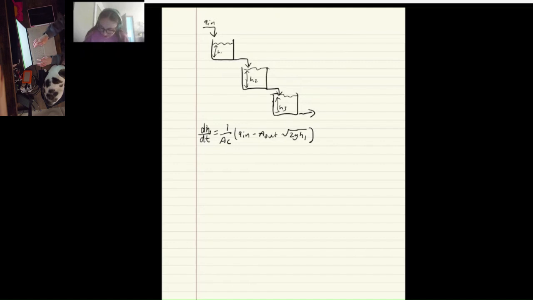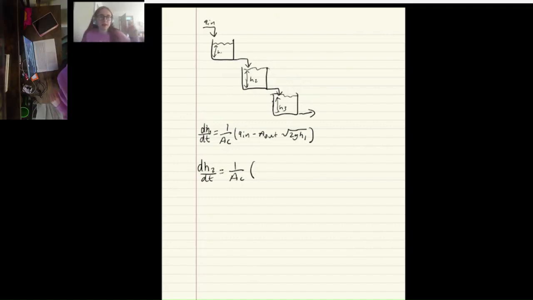And so for the second tank, the differential height change dH2/dt equals 1 over AC, and then the flow going into tank 2 is going to be the outlet flow of tank 1. So that's going to be A out times the square root of 2gH1.